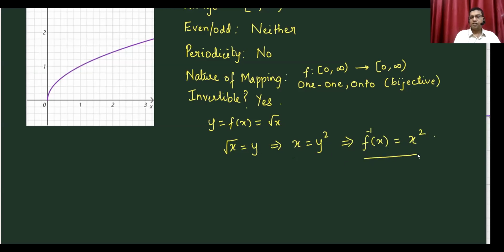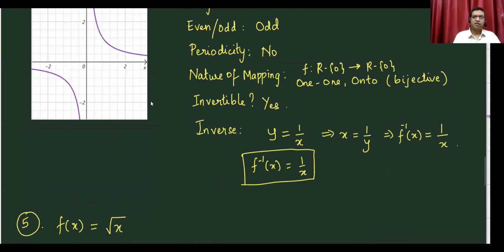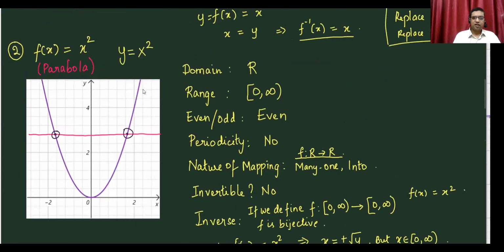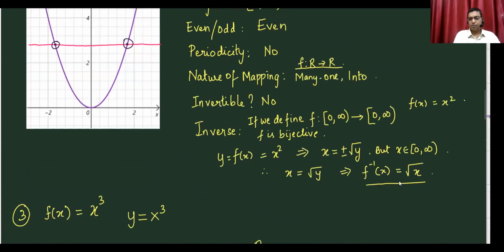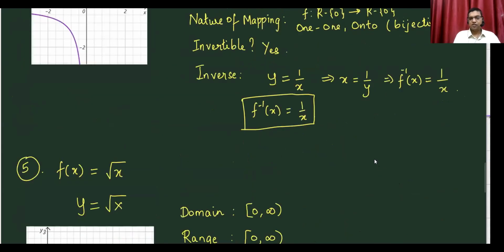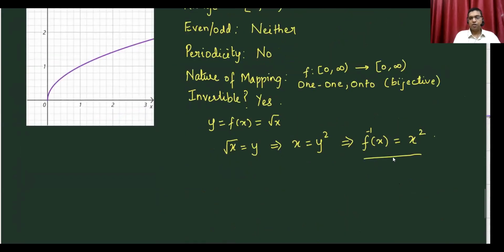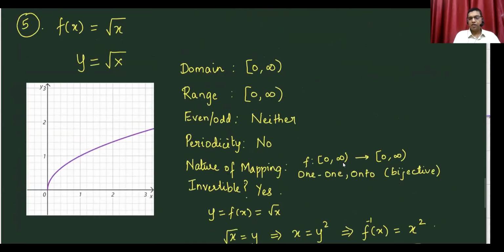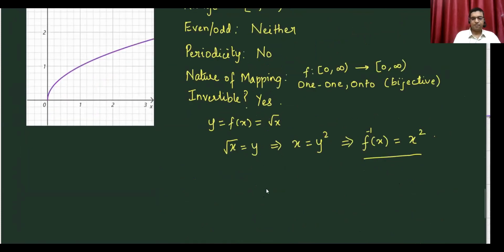So f inverse is x square. And we did, right? X square inverse is root x. So root x inverse is x square. But of course, the codomain and domain will be this. You cannot expand the codomain now.